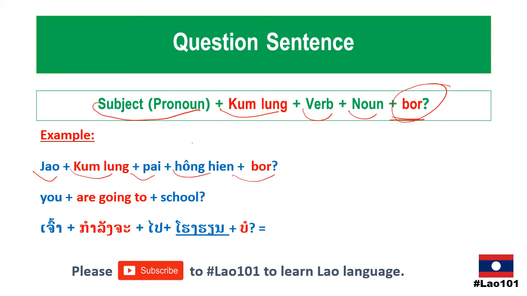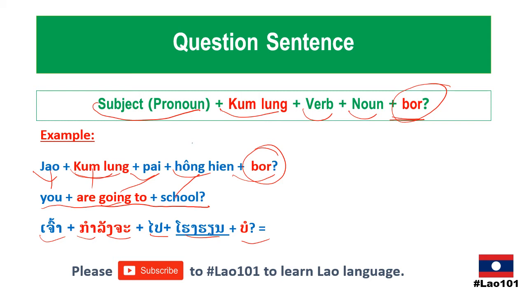Are you going to school? And when you notice here, we just use you and กำลัง, and the verb is actually at the back of the word ing, and โรงเรียน, and we just put the question word at the end. The structure is still like an affirmative sentence in English. เจ้ากำลังไปโรงเรียนบ่, เจ้ากำลังจะไปโรงเรียนบ่.